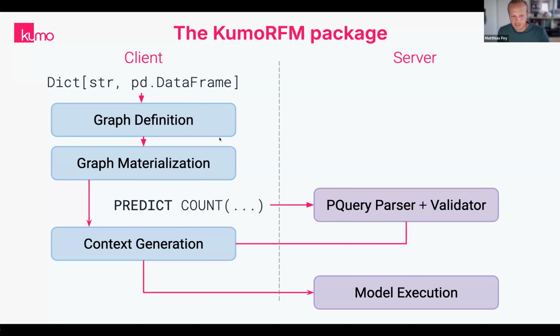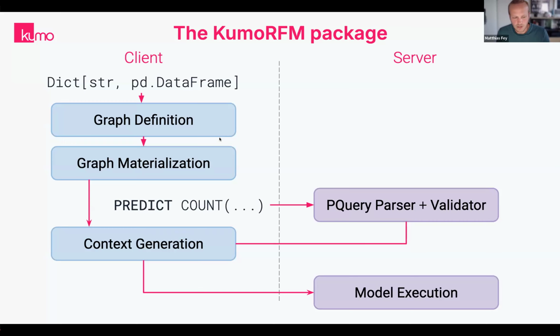Next, you can then write your predictive query or query the model. This string of a predictive query goes into a parser and validates on the backend side and confirms that everything is correctly defined. And then the most important step, the context generation, like what is the context, or the in-context learning examples we create. This is also done on the client side. That means we are querying the graph in a forward-looking fashion to find the labels of context examples.